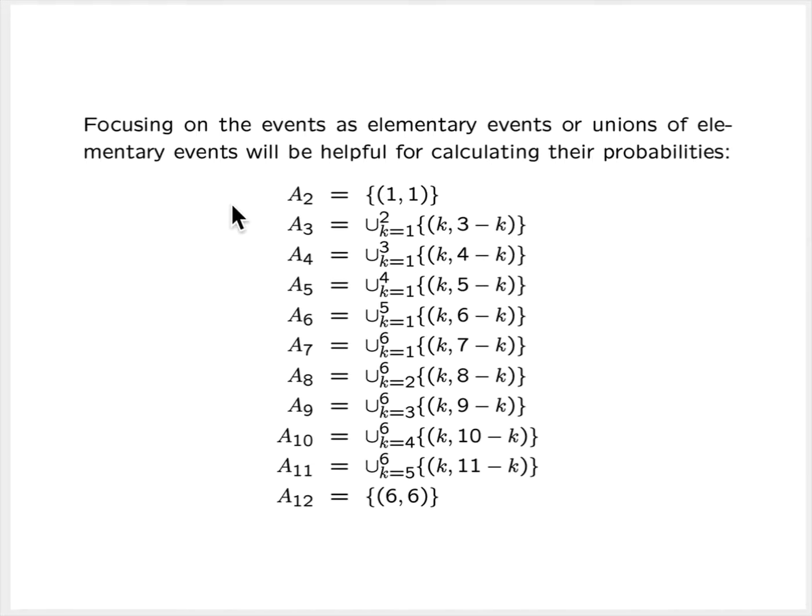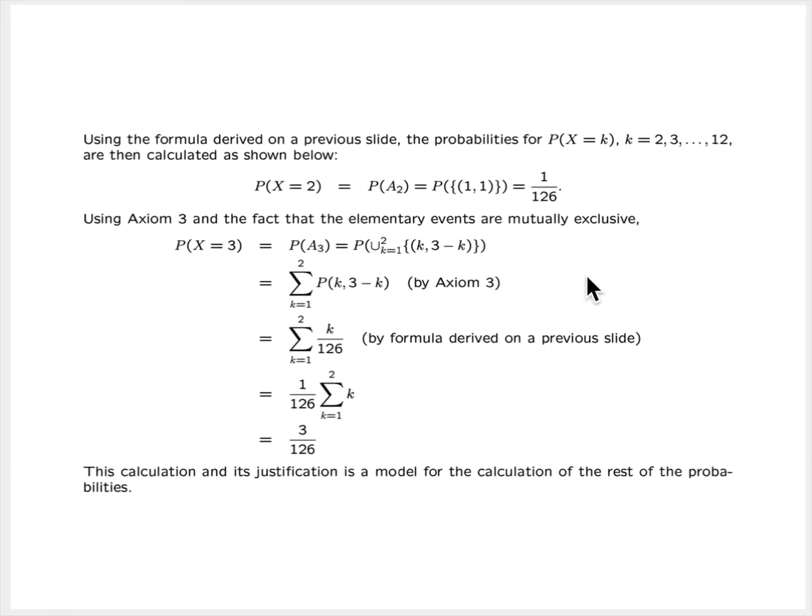So for example, we want the probability of A2, and so that's going to be the probability of that event right there. We're going to want the probability of A3, so that will be the probability of this union, and so forth. And so then on the next slide, we can begin to calculate those probabilities.